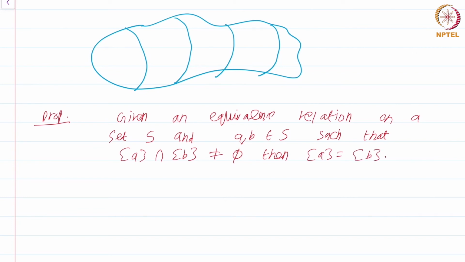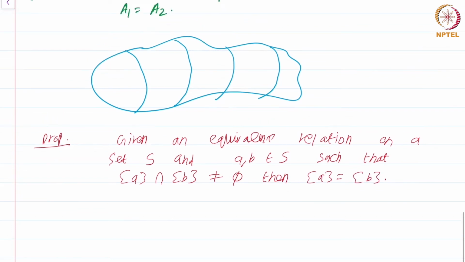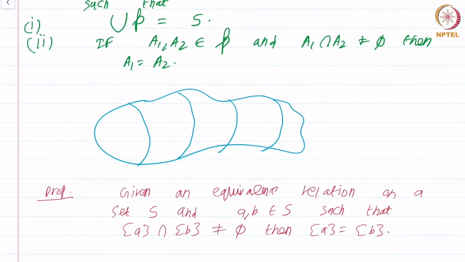Note that this is the second property of a partition. If two subsets of P intersect, then they have to be identical.